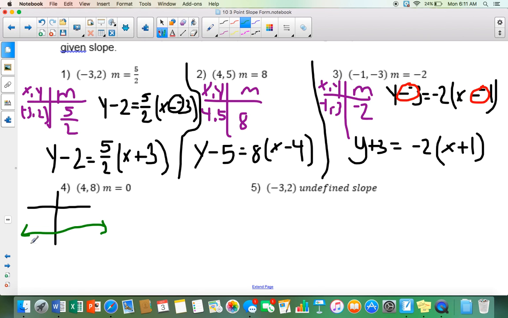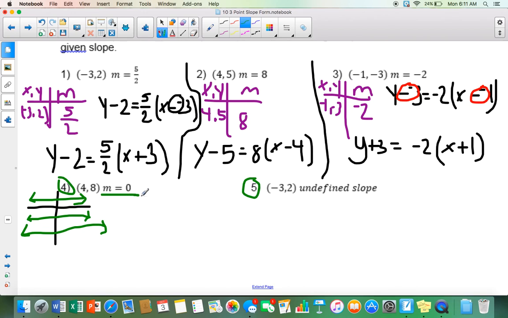So these are always written as very special equations, 4 and 5. If I have a vertical or a horizontal line, we always see which axis it's going through. No matter where I draw a horizontal line, what axis is it always going through? Hopefully you said the y-axis. It's always going through the y-axis.